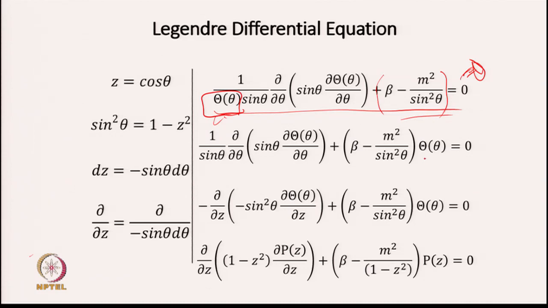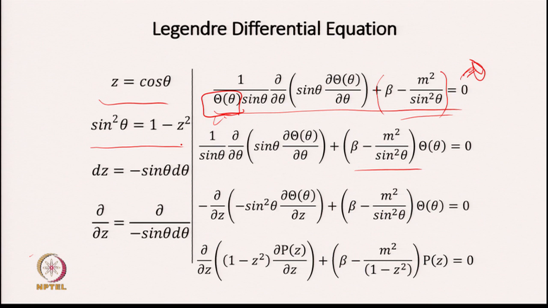And now, we assume z is equal to cos theta. If z is equal to cos theta, then sin square theta will be equal to 1 minus z square.